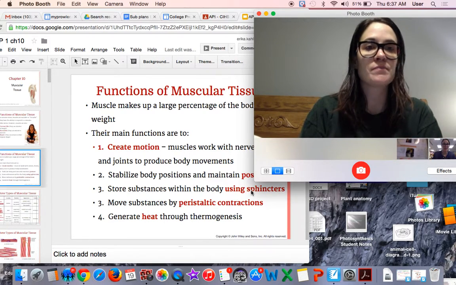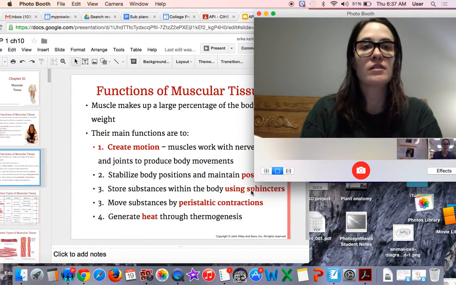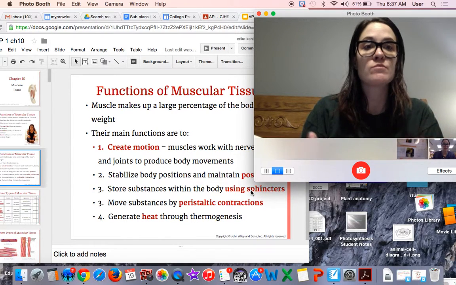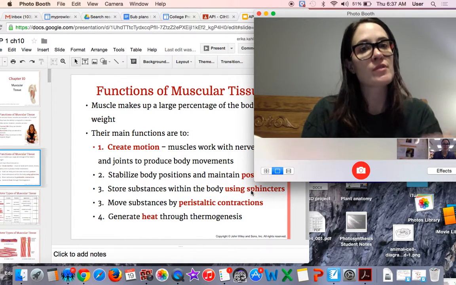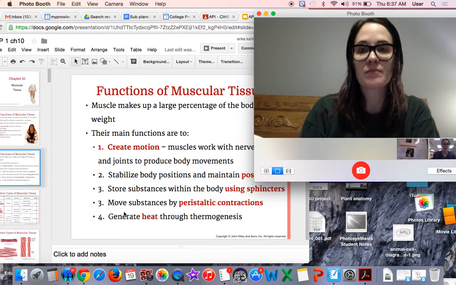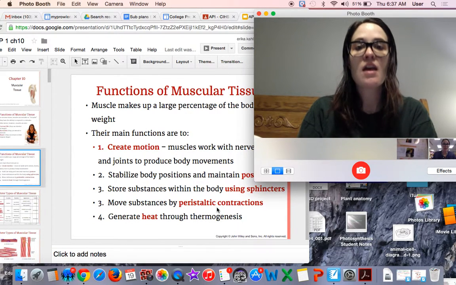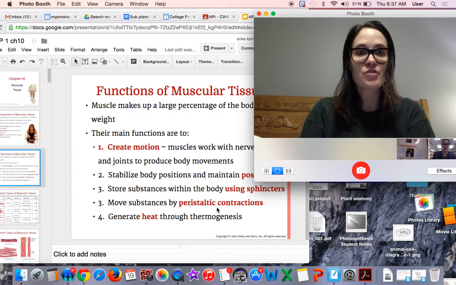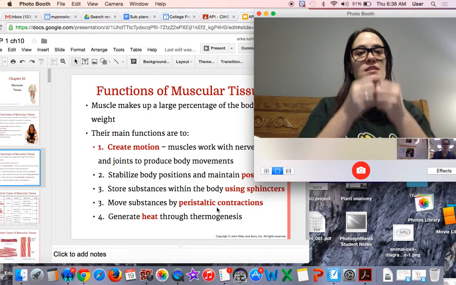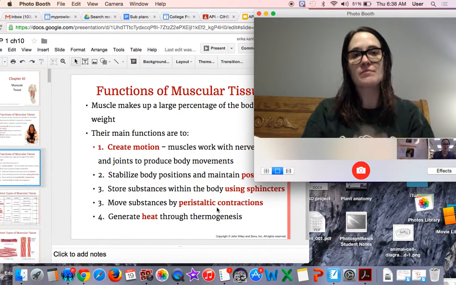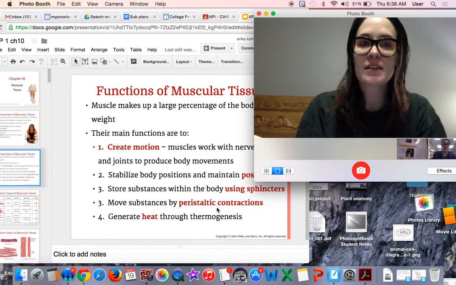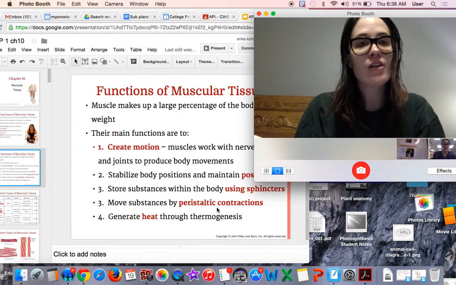Or you have the pyloric sphincter that controls the movement of digested food from your stomach into your small intestine. Also, the smooth muscle that lines your GI tract is responsible for peristaltic contractions, the squeezing of the smooth muscle to push the food down your GI tract to digest it. And they also generate heat.